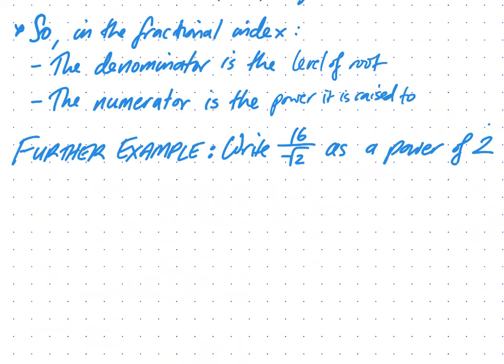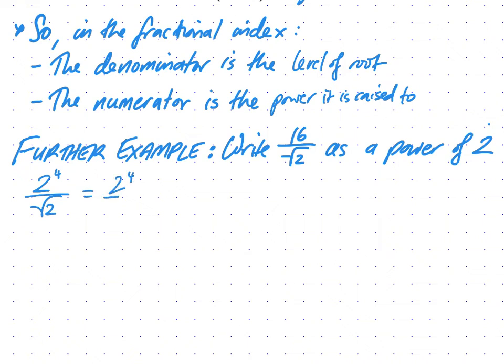Write 16 over root 2 as a power of 2. There are no powers of 2 here at all, so we need to do some working out. I know that 16 is 2 to the power of 4, because 2 times 2 is 4, times 2 is 8. That's 3 multiplications, and then times 2 is 16. So 2 to the power of 4 over root 2.